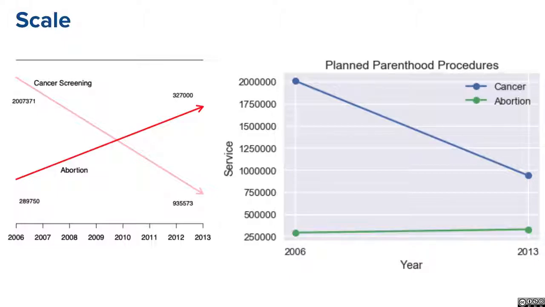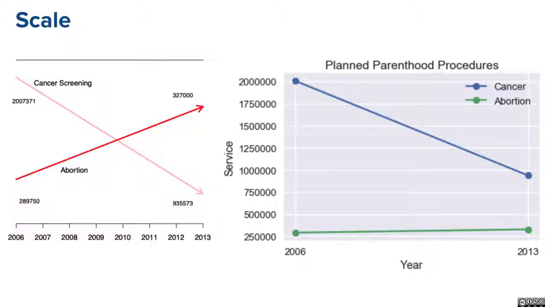I've taken the data on the left-hand plot and replotted it in Python on the right-hand side, and I've put the same two lines on the same y-axis. You can see that the drop in cancer screenings just dominates this plot. The drop in cancer screenings is very high, and the relative change in abortions is not as high as the cancer screening.